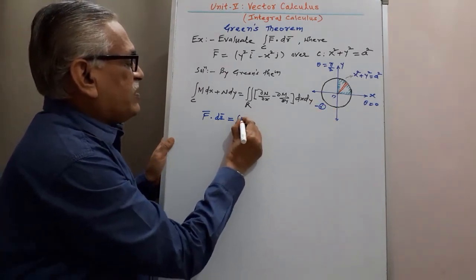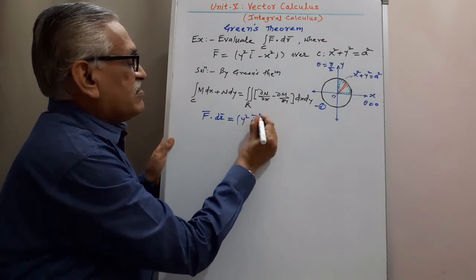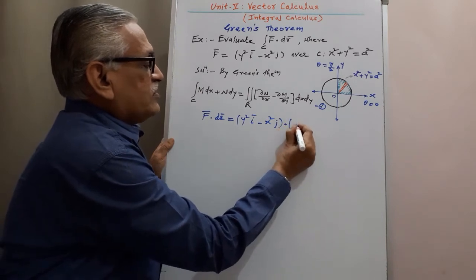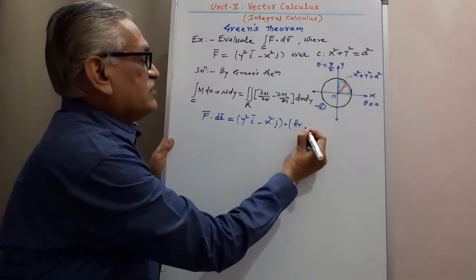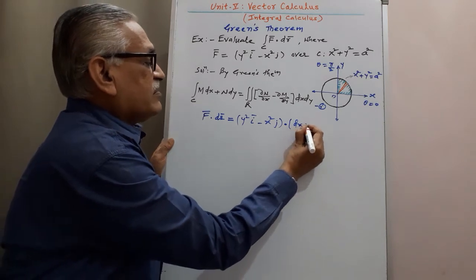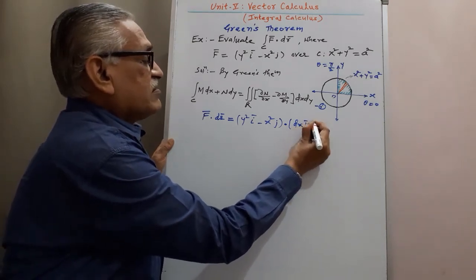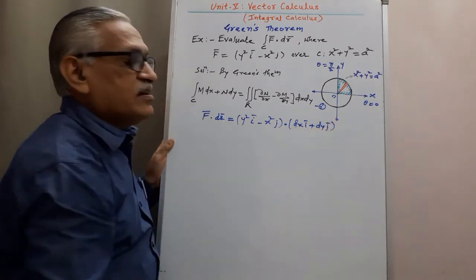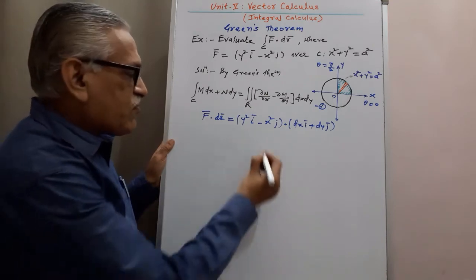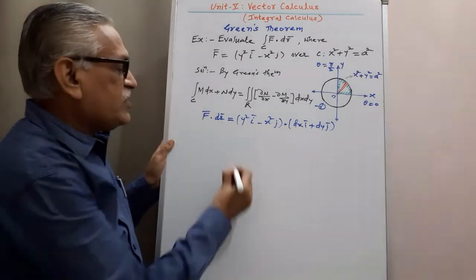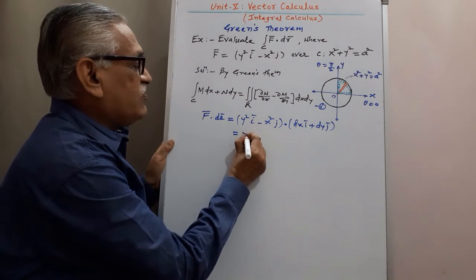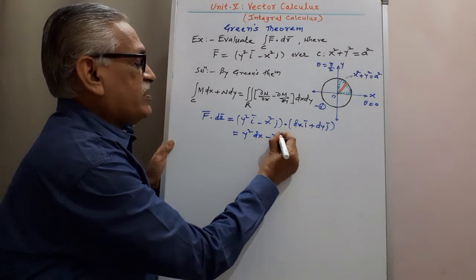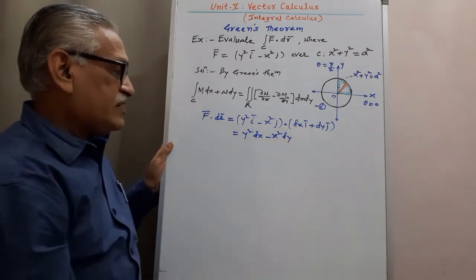F bar is y square i minus x square j, a dot product with dr bar. dr bar is dx i plus dy j, and as per the definition of dot product, it is a1 b1 plus a2 b2, and therefore we get the value as y square dx minus x square dy.